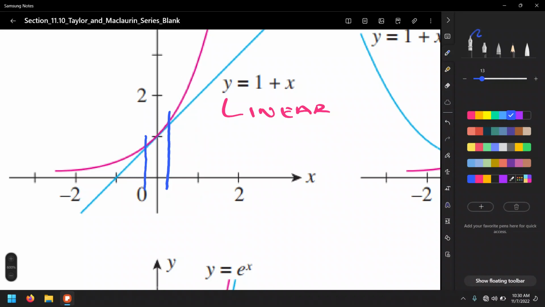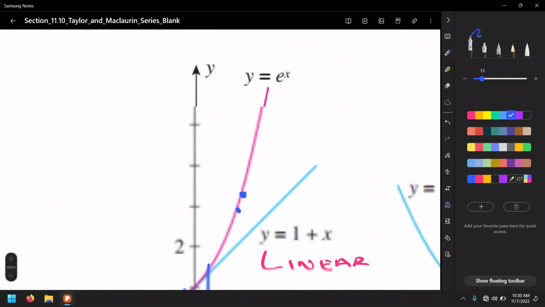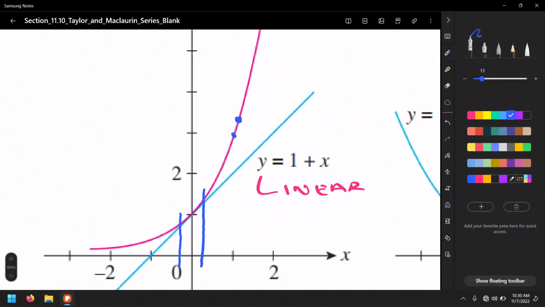So number one, if I wanted to evaluate something like e to the 1.3, for example, well, I would need to find another linear approximation near 1, and in this case, since that is closer to that new center, well, we can use that.